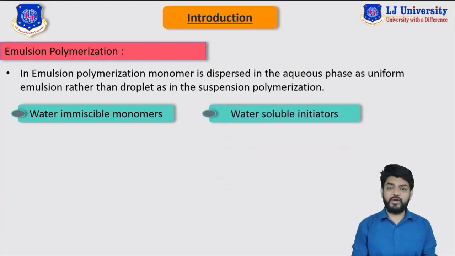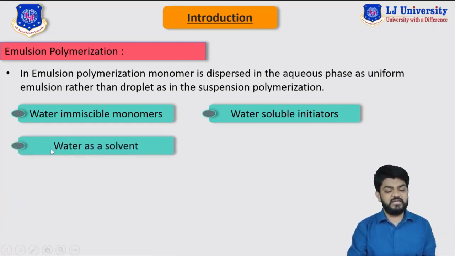Then the second component is of course your initiator. But the different thing is that this initiator needs to be water soluble, or we can say solvent soluble. So a water soluble initiator is required in emulsion polymerization.